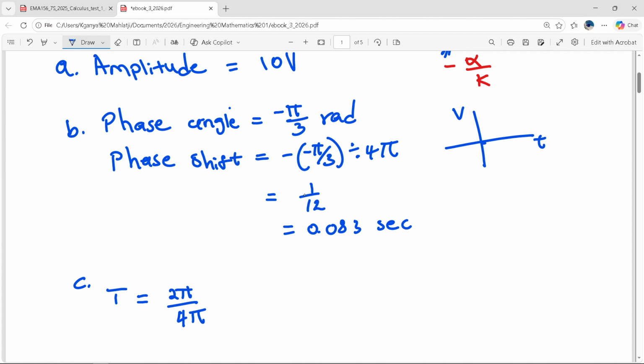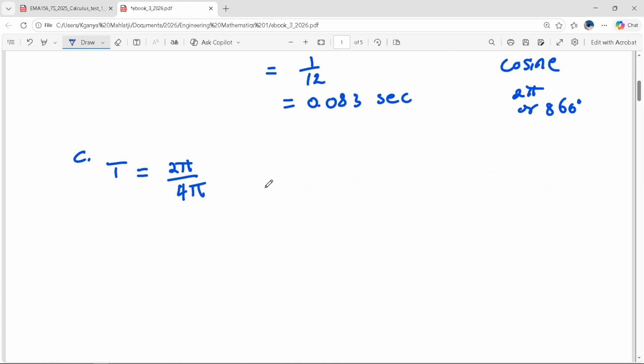The reason we choose 2 pi is that a cosine function has period 2 pi, or 360 when you work with degrees. Then here your period will be 0.5 seconds.